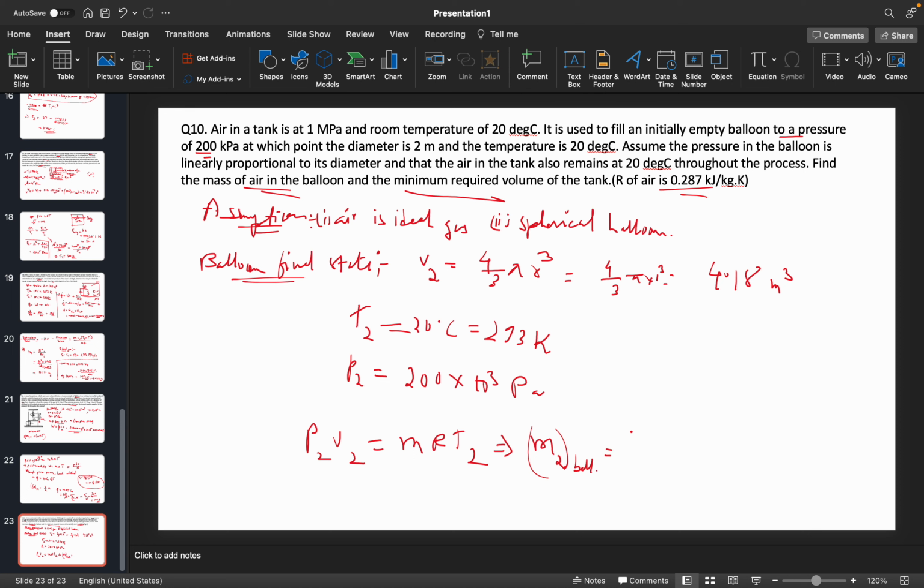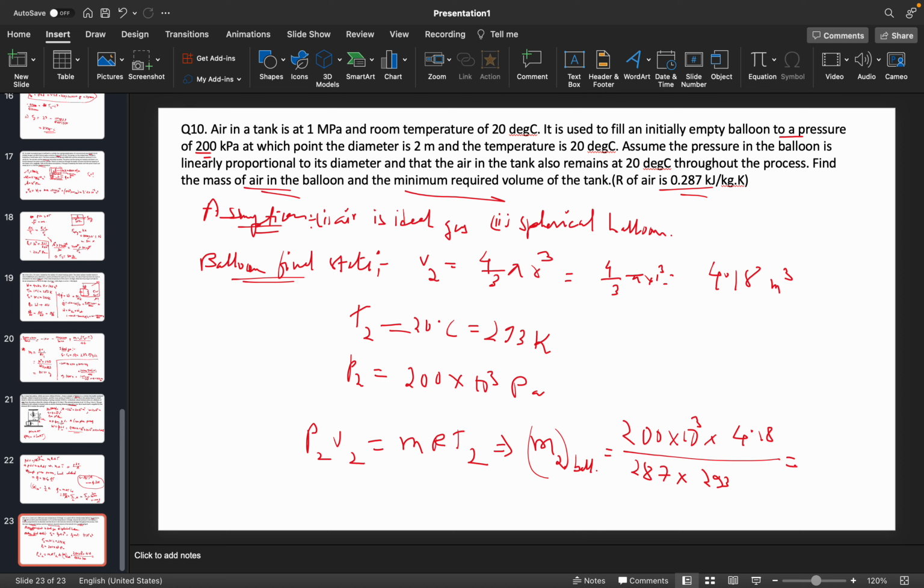So P2 is 200 into 10 to the power 3, V2 is 4.18, and my R is 287 joule, after converting from kilojoule, and T2 is 293.